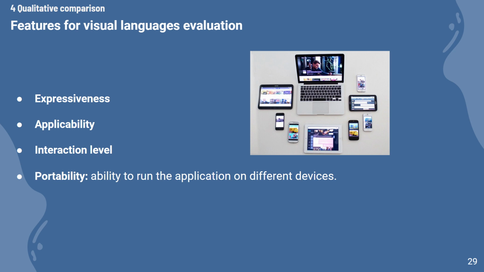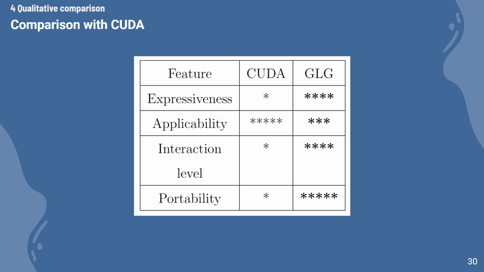Now, I'm going to present 2 qualitative evaluations. The first evaluation is shown in this table, where a comparison between CUDA and GLG is presented. The first column presents the features explained above, and subsequent columns assign a score from 1 to 5 for each feature, with a lower score indicating a deficiency in that feature.